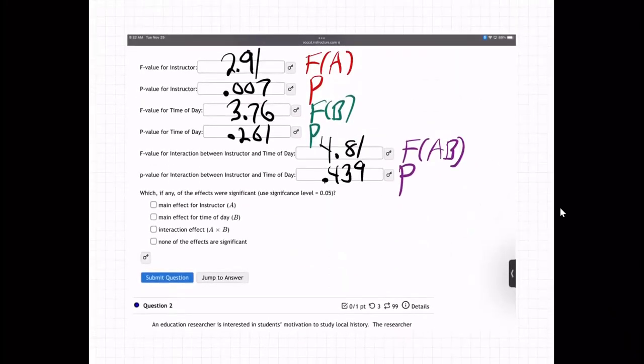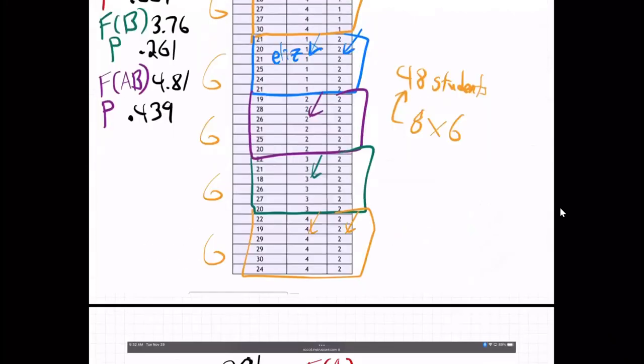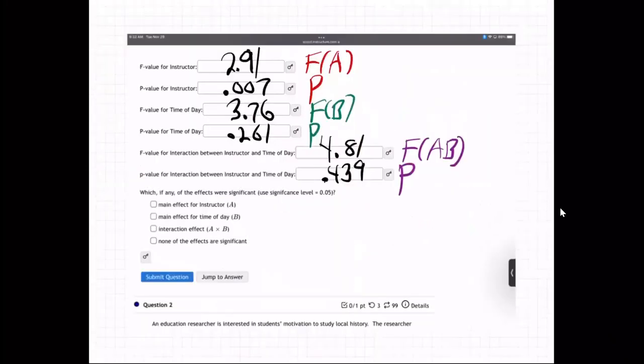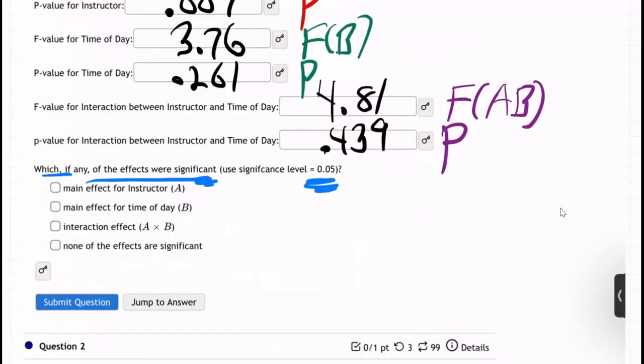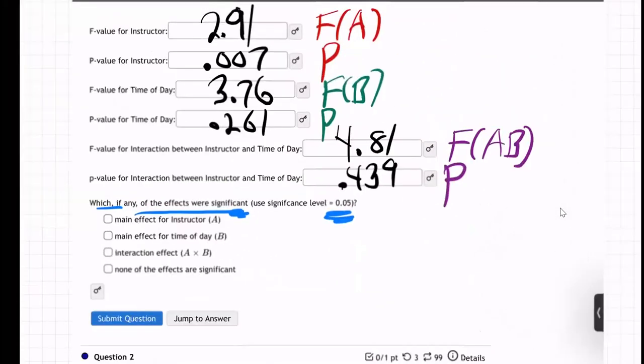Now, how do we draw a conclusion? What does all this mean? Well, what does it say right here? See right here, the fine print, which, if any effects were significant, use significance level 0.05. So which ones are significant? Well, you know how it works.